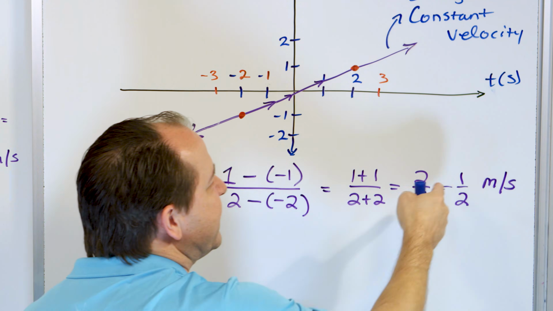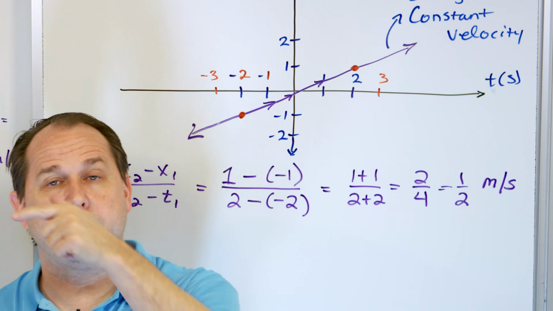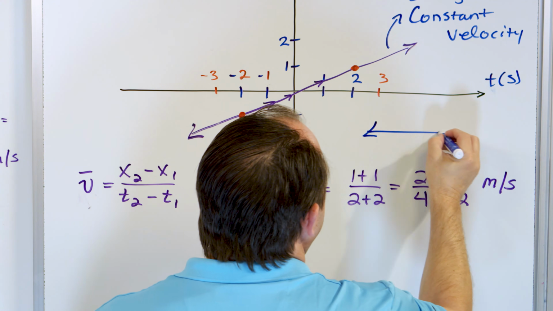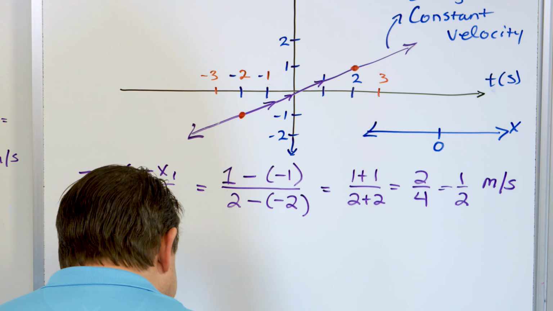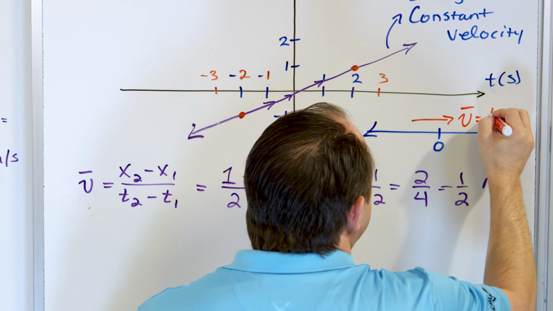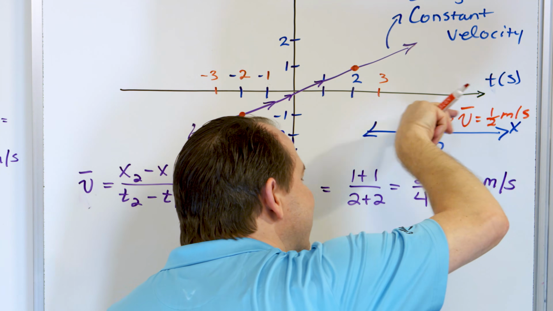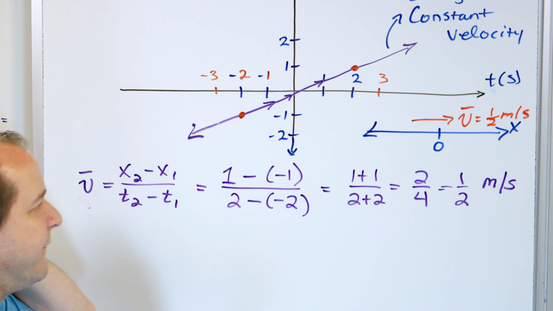If there were a negative sign here, which we'll do in a minute, it would mean that I was going toward the negative part of the number line. So on the number lines we had before, where here was 0, this is the x direction, it's telling me I'm traveling this way at a velocity of 1/2 meter per second. Positive means I'm traveling to the right, which is in the positive x direction on my graph here.